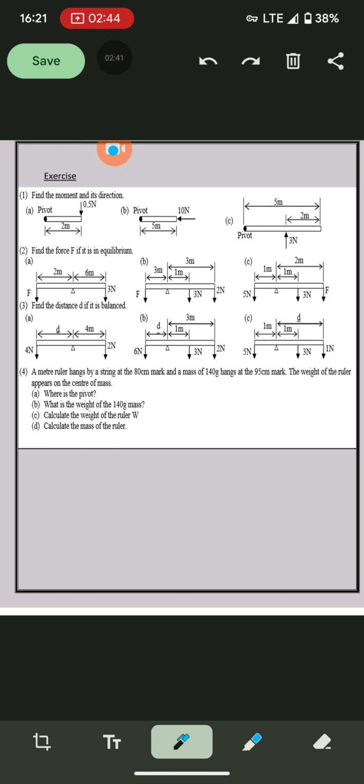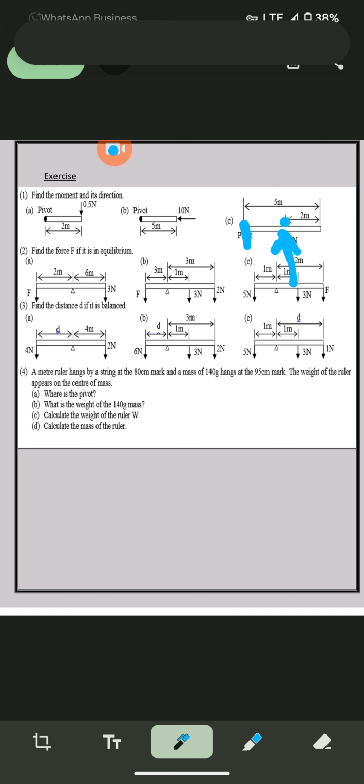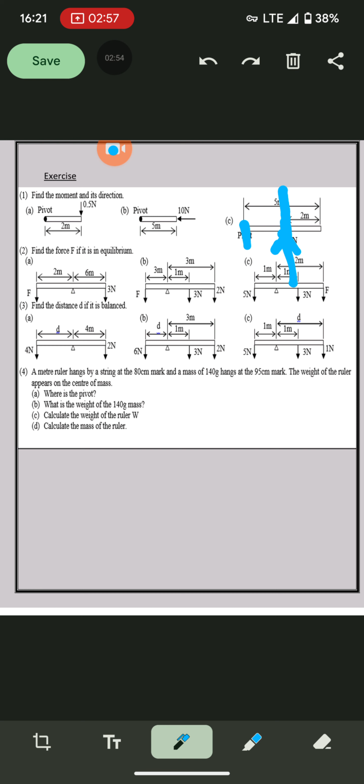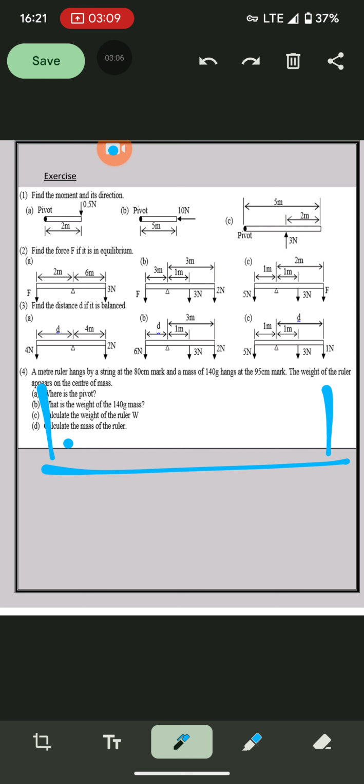Question C, we're pushing from here. So the distance from the pivot to where we are pushing is this distance. If this is 5 and this is 2, it means this should be 3, right? Think about it. The distance from here to here is 5, then the distance from here to here is 2.